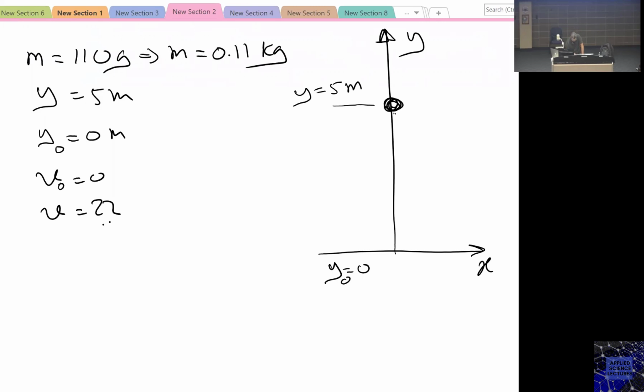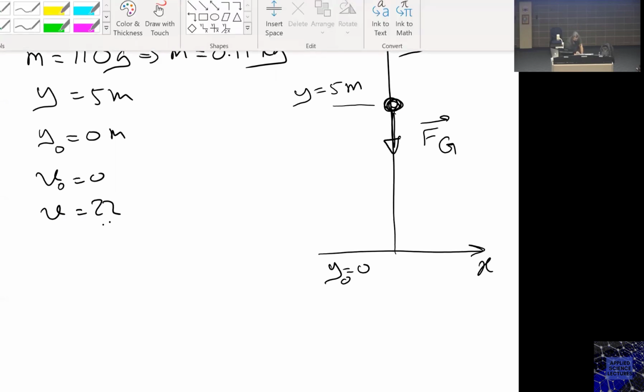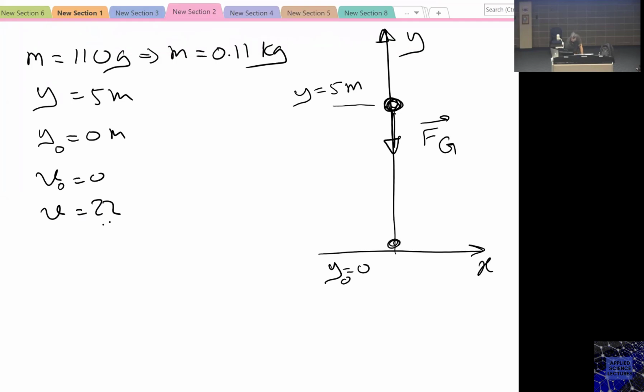then I have the gravitational force pointing this way, right? And in this case, I also have the displacement. That apple is going to fall, and this is the position right before it hits the ground.